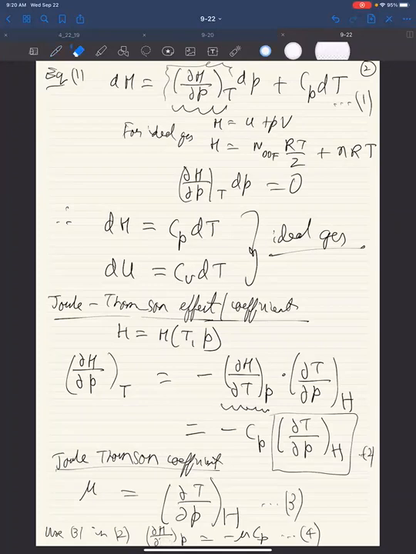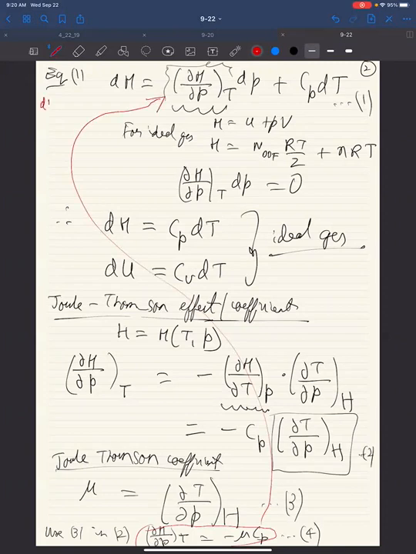Right? Partials are funky. Partial H by partial P at constant T is equal to minus mu Cp. And if we take this thing and put it over here, what do we get? We get dH. Let me write that down on the next page. Make sure everyone's copied. It's a lot of partial derivatives.